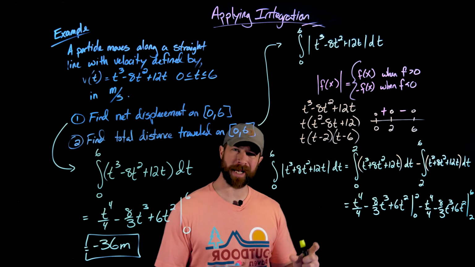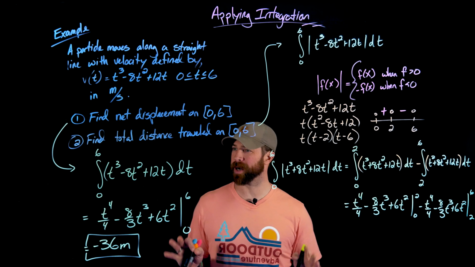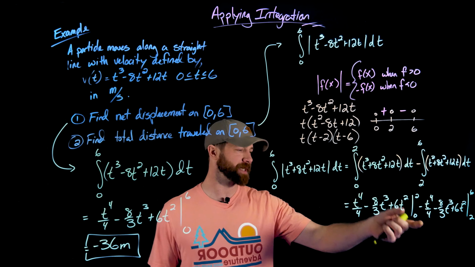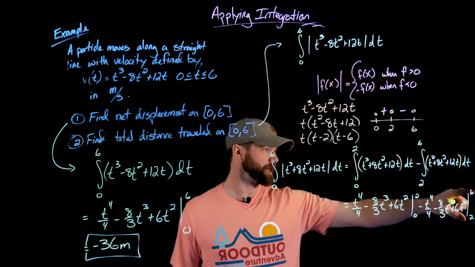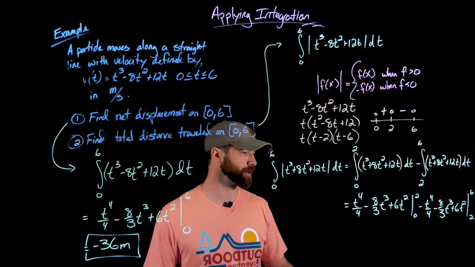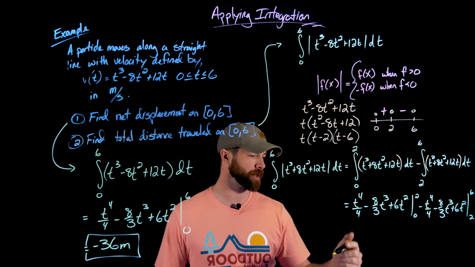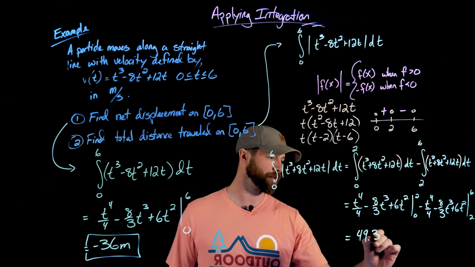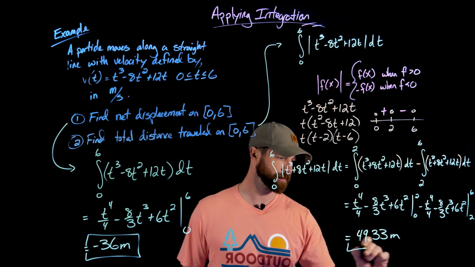Again, I won't show all the steps in this evaluation, just because mostly I want to keep this all up here and I'm running out of space. But again, I'll plug in the 2 here, plug in the 0 plays nice, then plug in the 6 and the 2 for both of those values into this antiderivative expression. When I did that, I got a value of 49.33 meters.